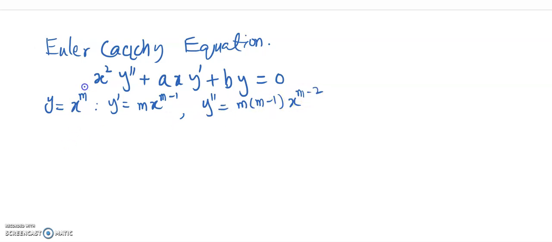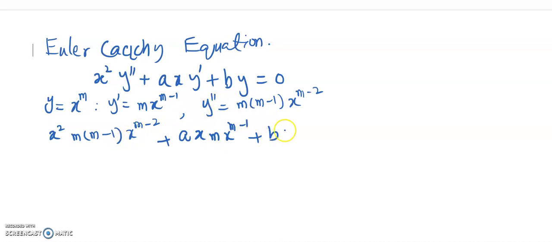Now we substitute these values into this equation. What we get is x square times m into m minus 1 x power m minus 2, plus a times x times m x power m minus 1, plus b times x power m, equal to 0.